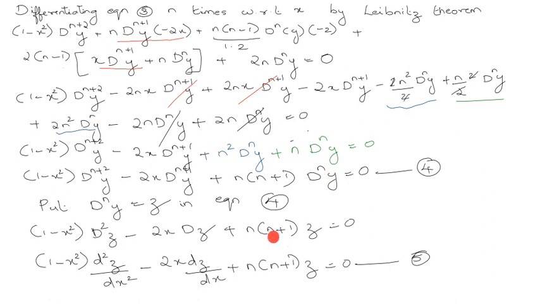So n into n plus 1 z is equal to 0. Now, instead of d square, we can write d square by dx square. So, instead of d, we can write d by dx. So, this equation now becomes 1 minus x square d square z by dx square minus 2x dz by dx plus n into n plus 1 z is equal to 0.